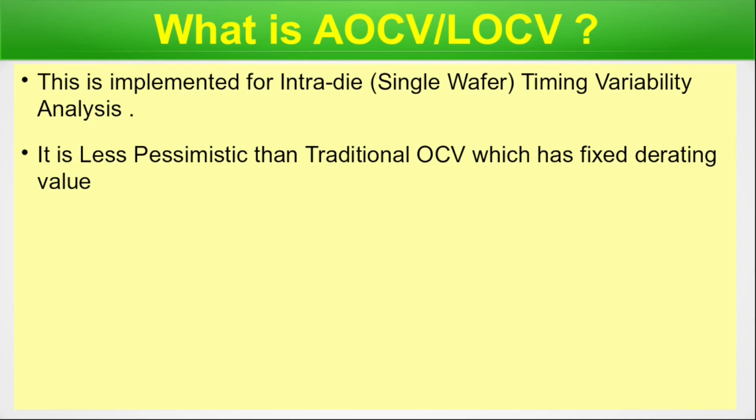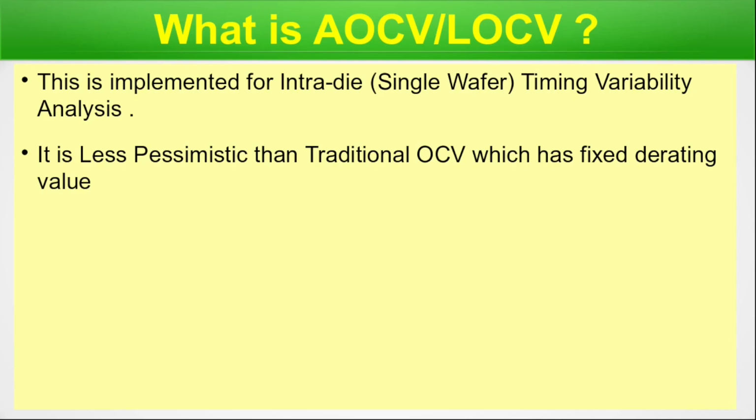So in actual practice, when there is a wafer and the process by which the semiconductor chip is made, all those process variations happen across various parts of a single wafer itself. If we traverse from one end to the other end of a single wafer, there may be a difference. The difference can be found even for a single process step. So how can the effect be the same or very pessimistic?